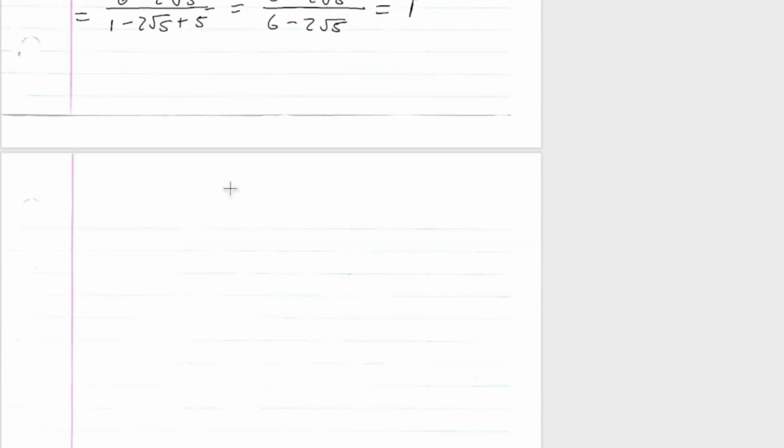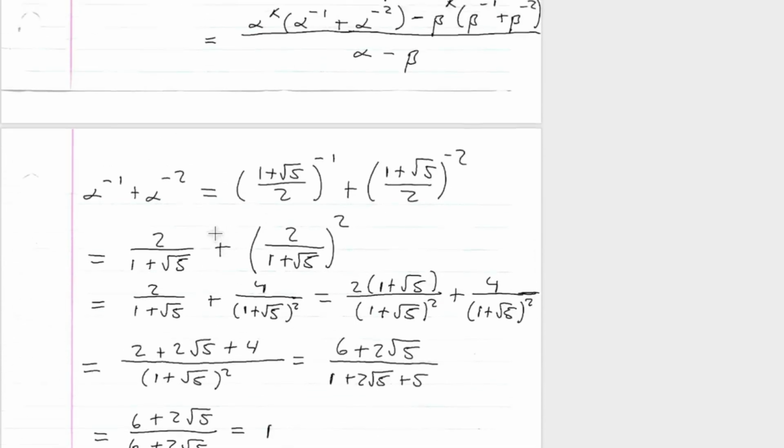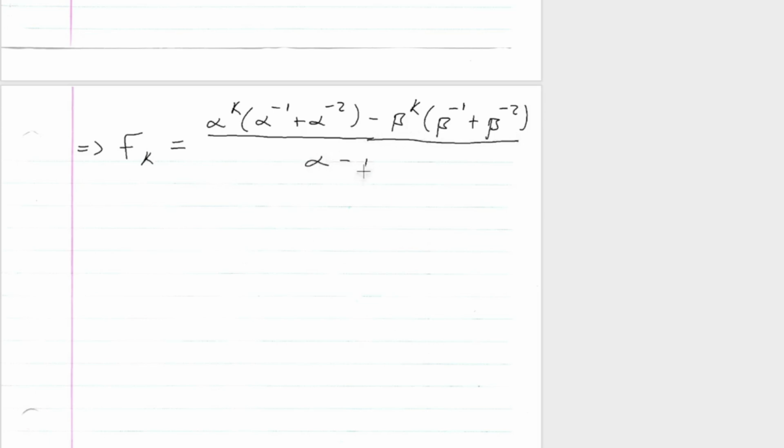This implies that the kth Fibonacci number, remember, was equal to alpha to the k times (alpha to the negative 1 plus alpha to the negative 2) minus beta to the k times (beta to the negative 1 plus beta to the negative 2), all over alpha minus beta.